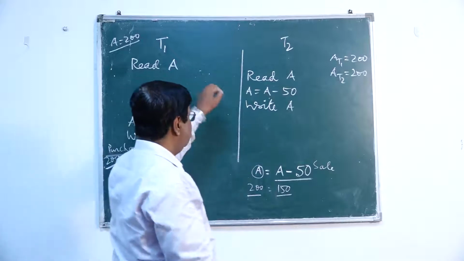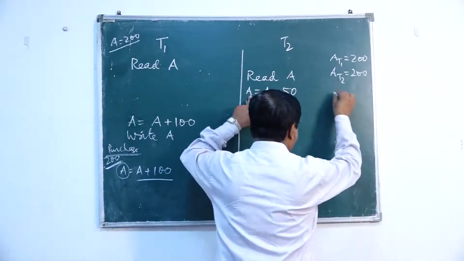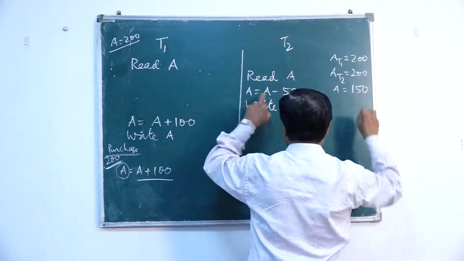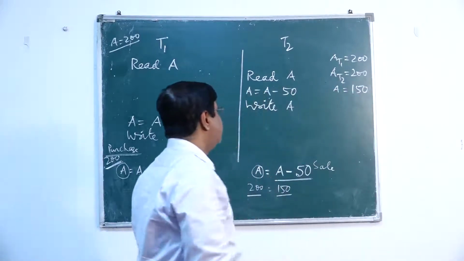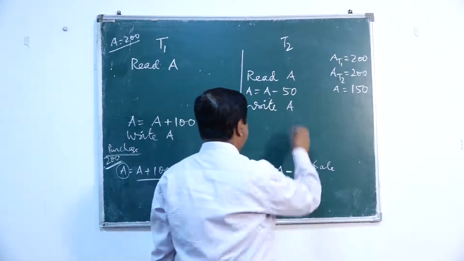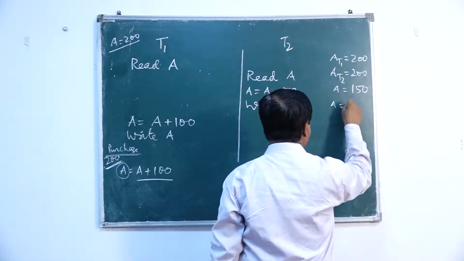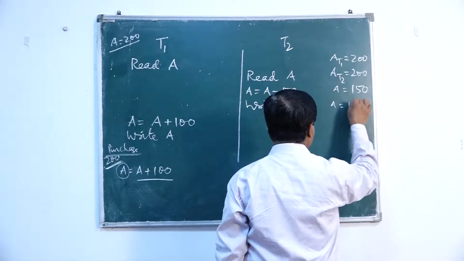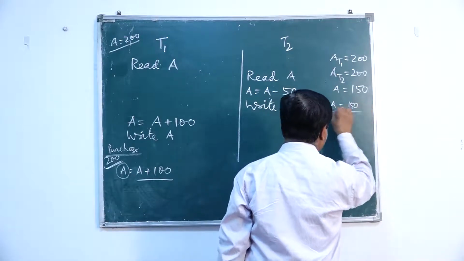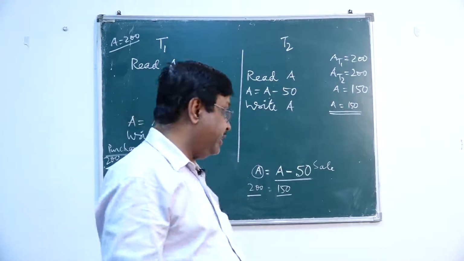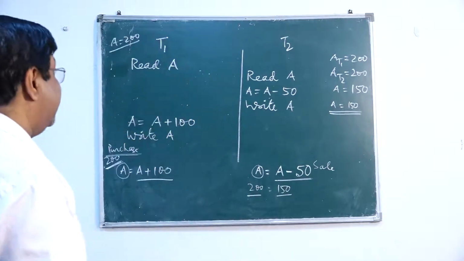Now A is made 150 by subtracting 50 from 200. Transaction T2 writes A to the secondary memory, and the value written to the secondary memory becomes 150.